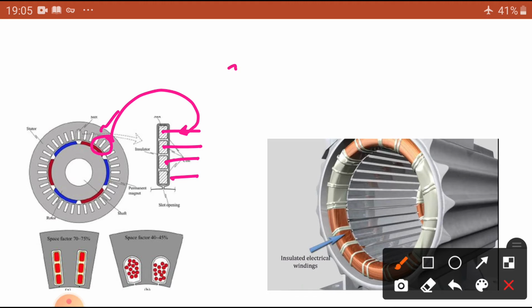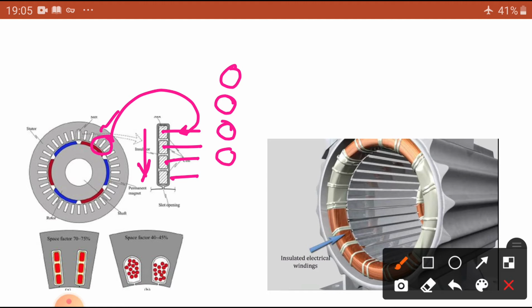If you place a single coil, it is a simple lap winding. If you place two, double. If you place three coils, then triplex, and four, quadruplex windings. Inside, we are going to place the coil sides or conductors.